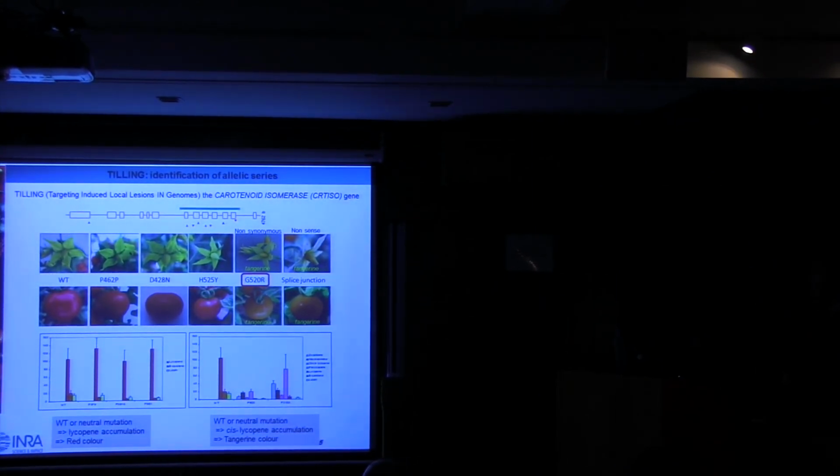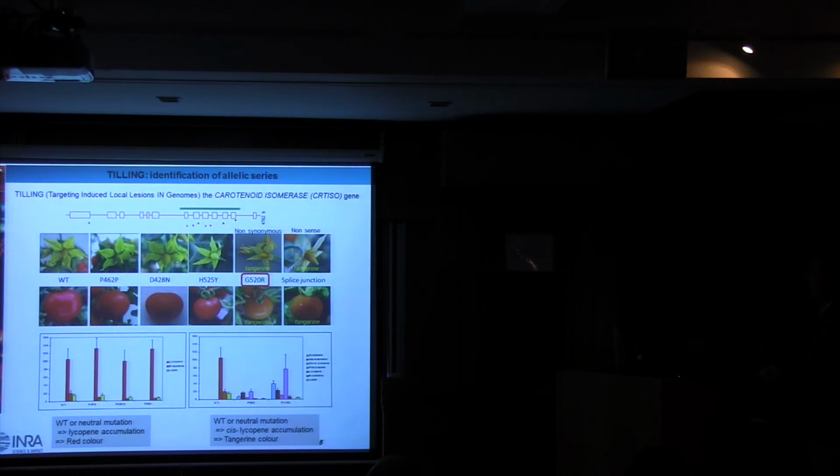And just one of the last slides, you can further go and use this mutant collection for looking for allelic series in the gene that you identified before. One example for this gene, which is involved in carotenoid biosynthesis in the fruit, we have isolated several missense mutations that probably do not cause any effect on the function of the protein, the white type phenotype.